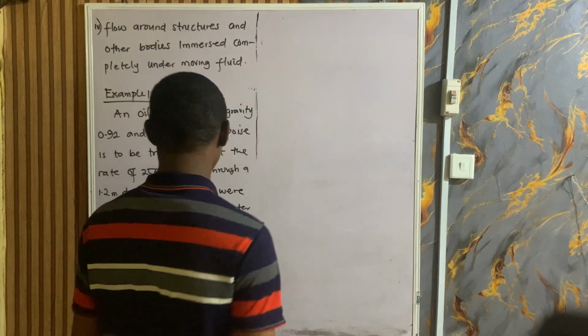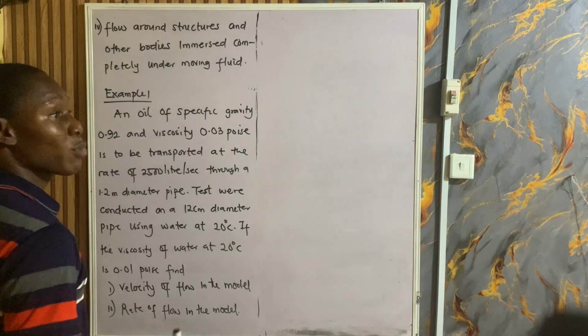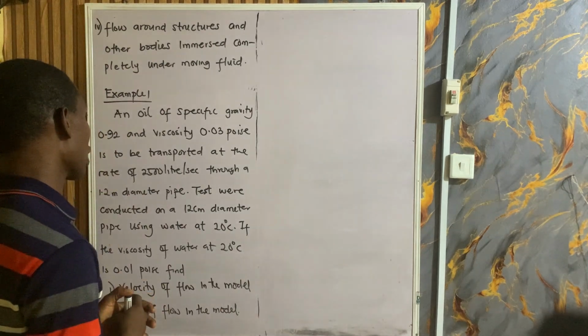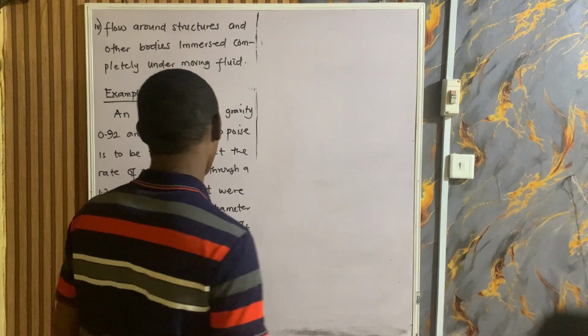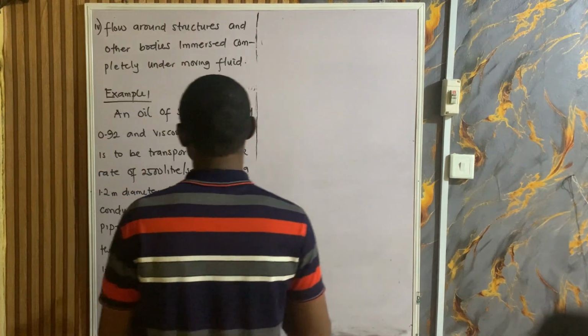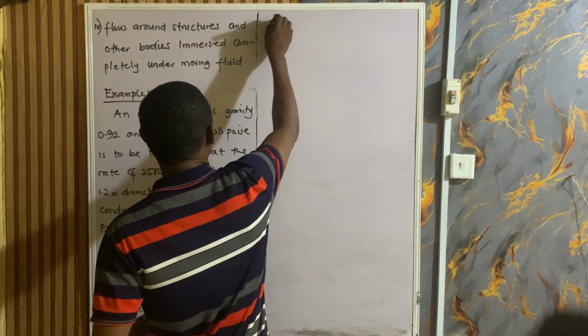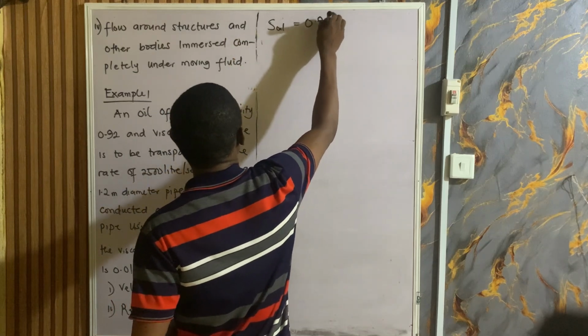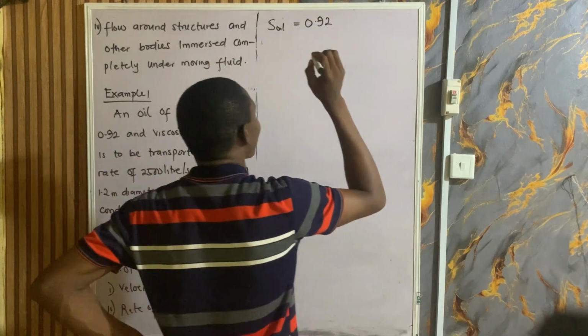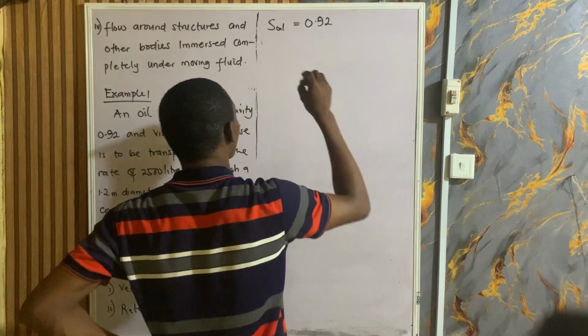We understand that in the actual sense, it was oil we want to transport. So that stands as our prototype. So specific gravity of the oil was given as 0.92. We can go ahead to get the density of the oil.